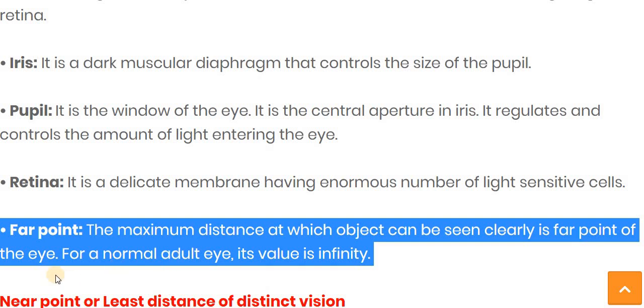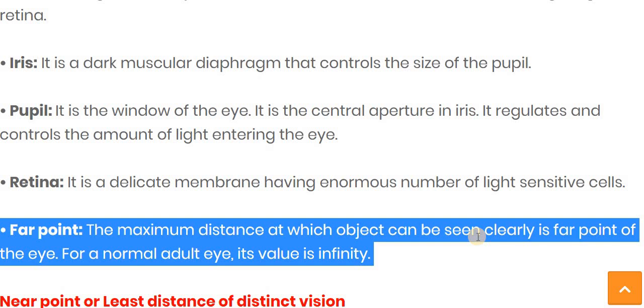Now the far point. What is the far point? Far point means the maximum distance at which an object can be seen clearly. It may vary from person to person. Some persons can see very far objects, and some cannot see a very far object.